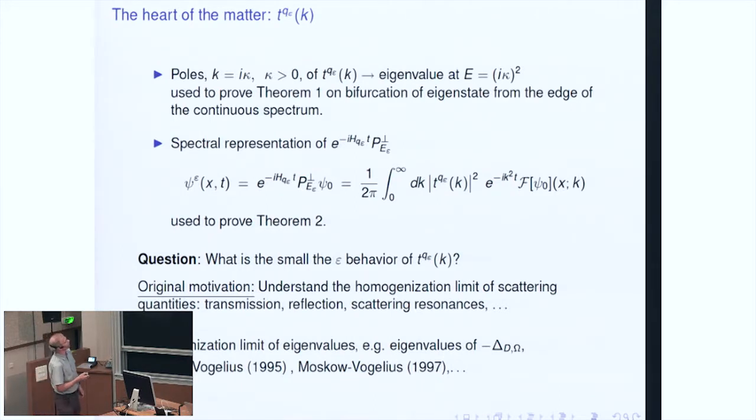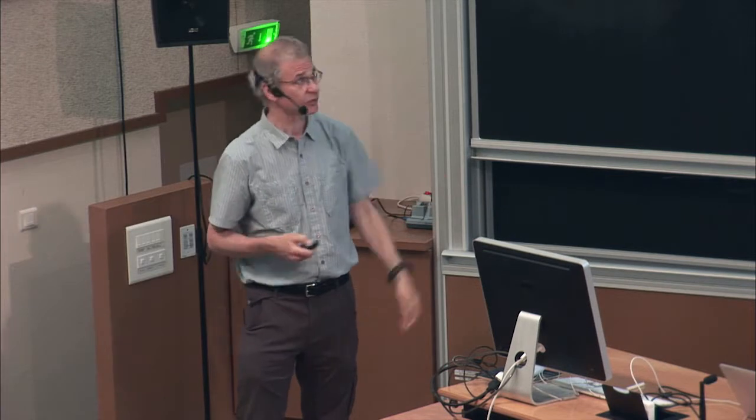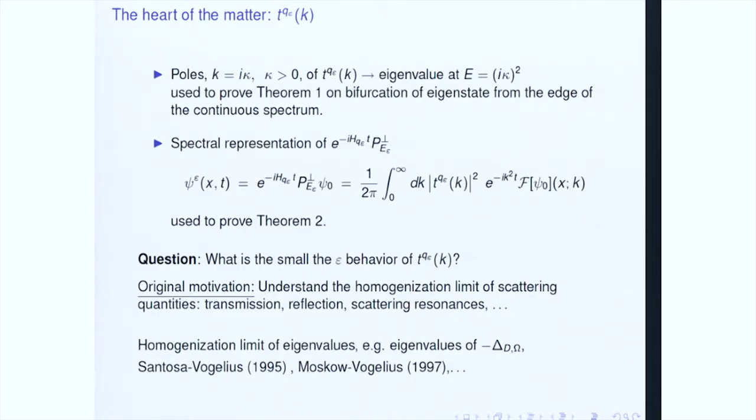So where does this all come from? Well, the heart of the matter is the transmission coefficient associated with the structure. I'll define the transmission coefficient in a moment, but poles of the transmission coefficient, this is some function which can be extended to the complex plane if the potential is sufficiently localized, always into the upper half plane, and the poles in the upper half plane correspond to eigenvalues.